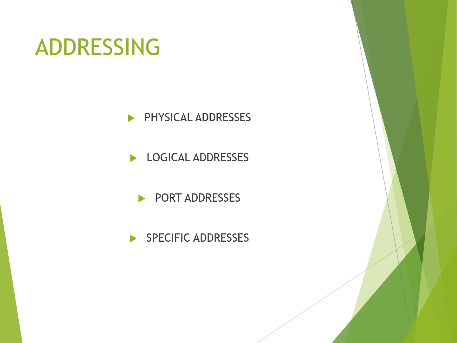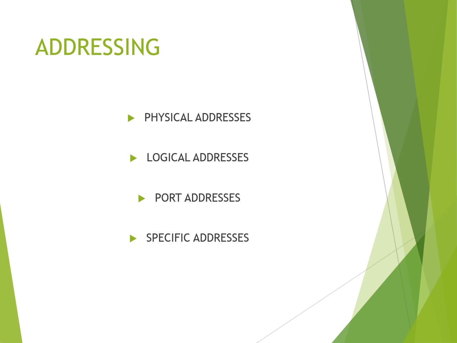The last one is specific addresses. Specific addresses are designed by the user for some applications. For example, when we connect to Anna University's .edu site, we use the Universal Resource Locator, called a URL. That URL, together with the email address, is called a specific address.